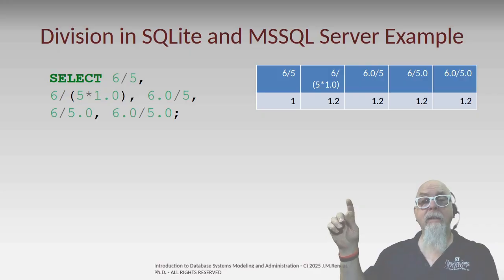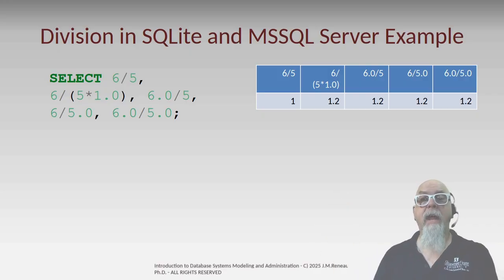And in my second column here, you can see that I multiplied one of the integers by 1.0, which converted the integer to a float, and then did the division with the parentheses where they are. So it converted the 5 to a float. Then it did floating point division and returned a floating point answer. Again, just the difference between databases. So many things are the same, but there are those little peculiarities that you've got to pay attention to.